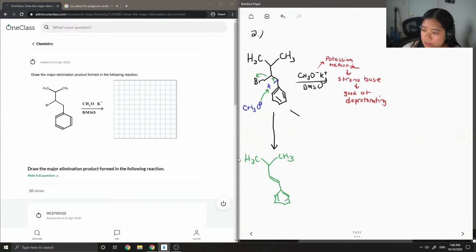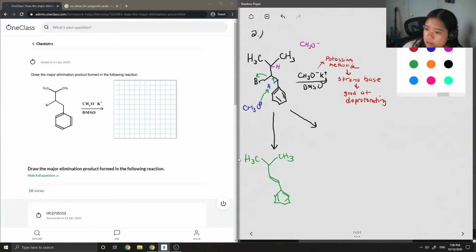And then using different colored arrows, I'm going to show what happens if this hydrogen is deprotonated instead. Same thing's going to happen.